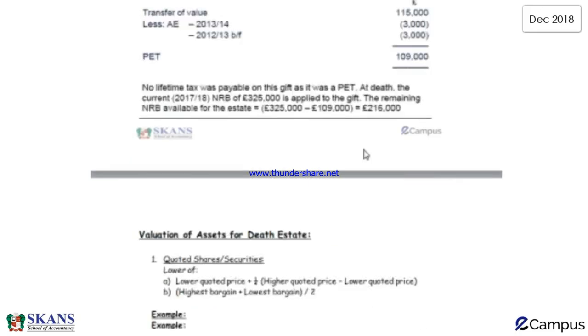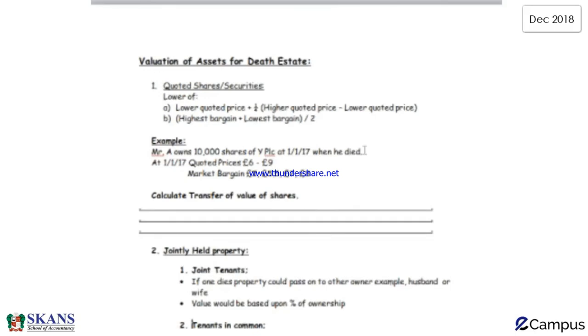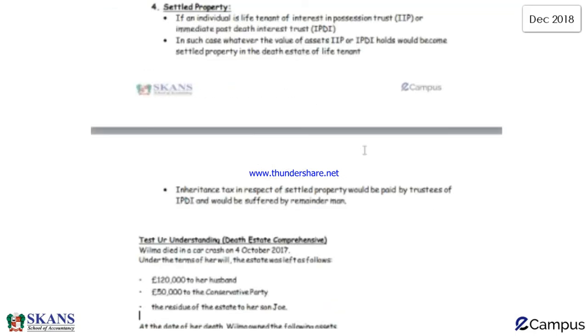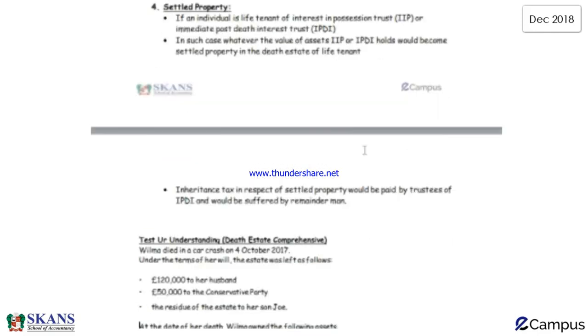These are few details that how we compute different values. You should give it a good reading. I'll be starting to discuss from settled property.